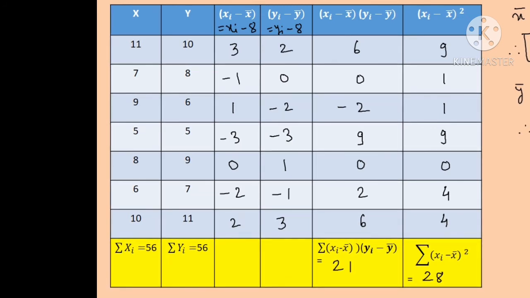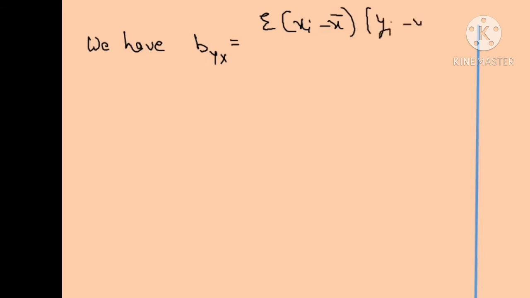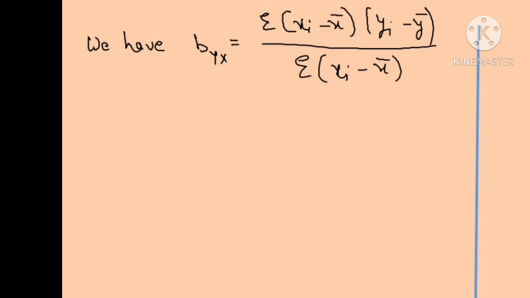Now we can calculate byx. So byx, that is the regression coefficient of y on x, is equal to summation xi minus x bar into yi minus y bar upon summation xi minus x bar the whole square.